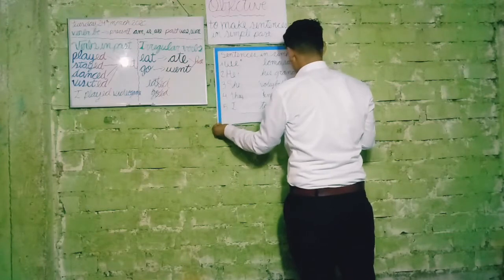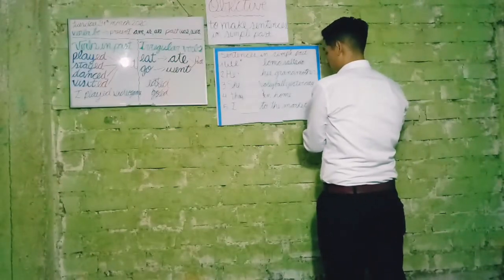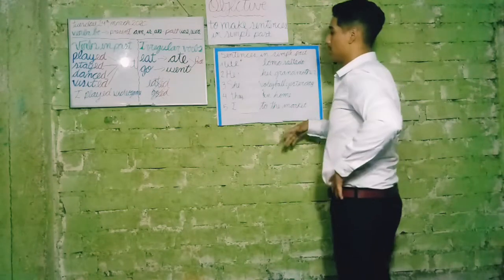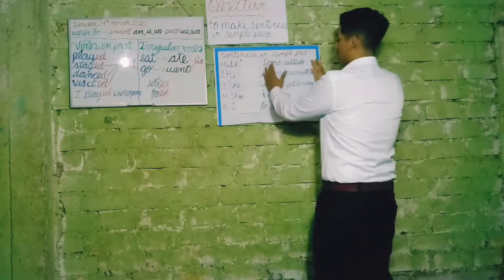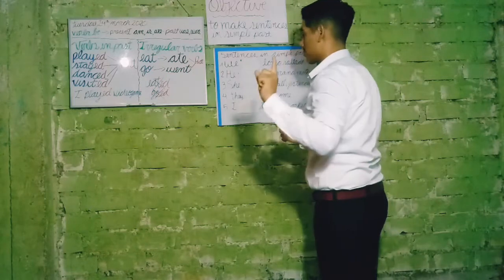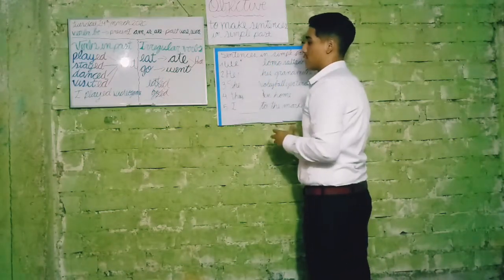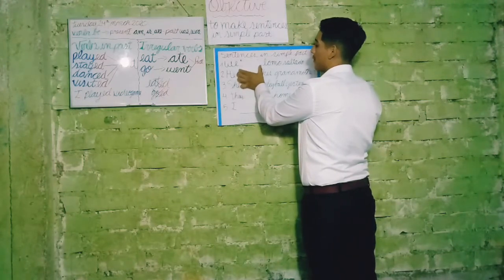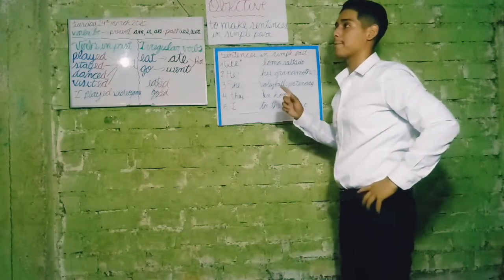We have some sentences and we need to complete it. Okay? For example, our subjects here and our complements. Okay, let's read the first one, okay? It says, we is our subject. We need a verb here and it says lomo saltado.